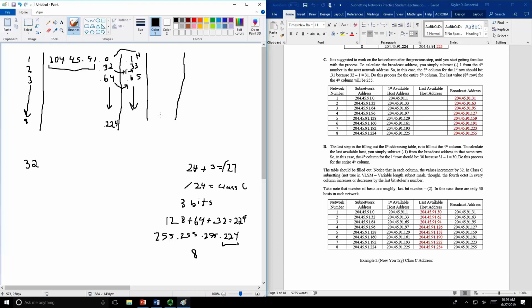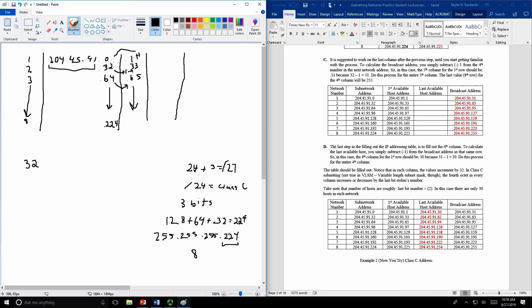And remember, a broadcast address sends all the information to everyone in that network. So not one person, not a small group of people, everybody in that network. In order for us to know what the broadcast address is, we simply subtract 1 from the next address.